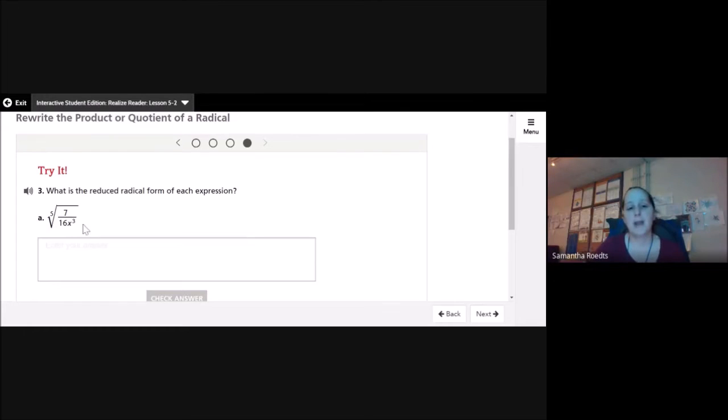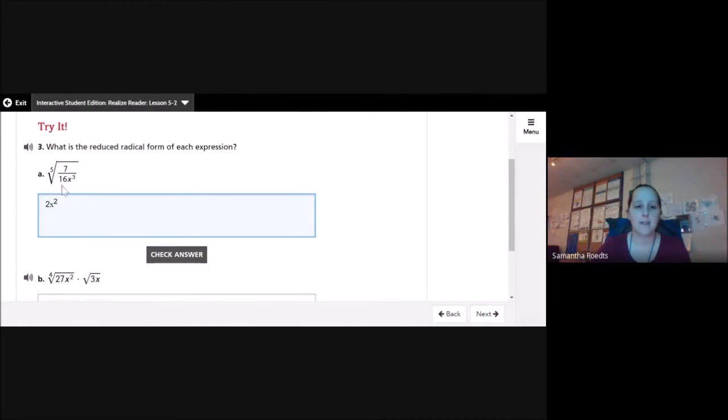I need to multiply by something that will get me a fifth root. The fifth root of 32 would give me 2. So I need to figure out what I need to multiply by. I need to multiply 16x cubed by 2x squared to get rid of this.